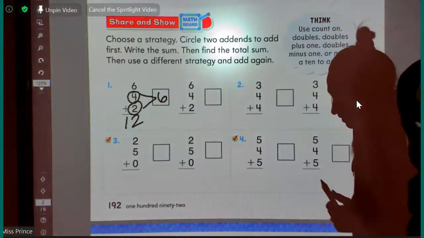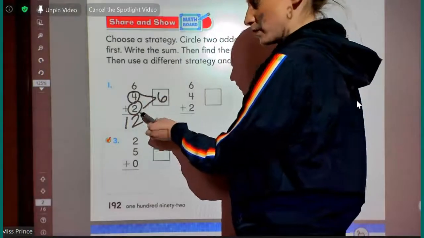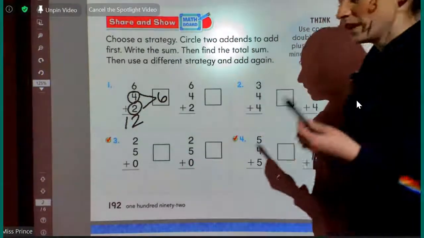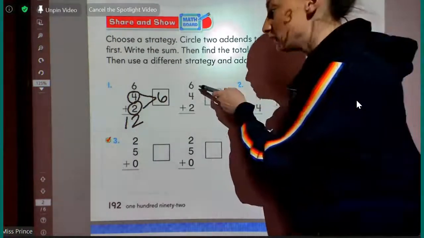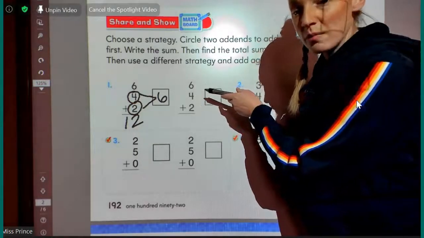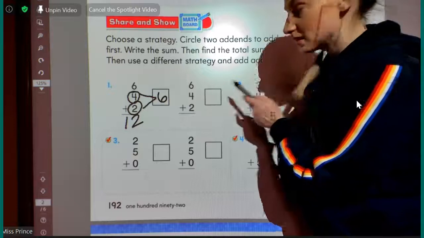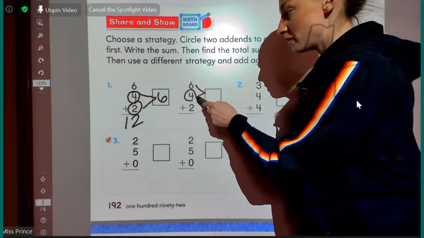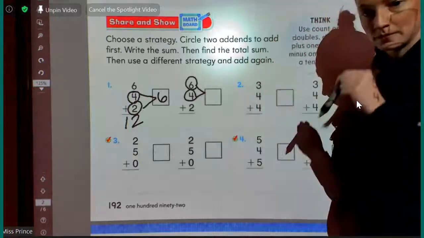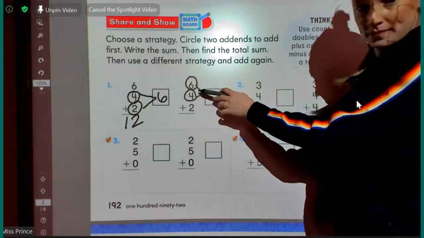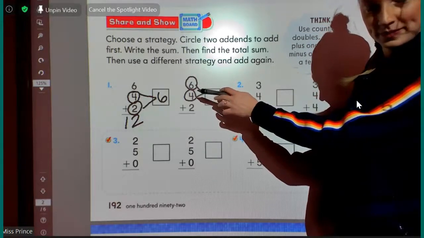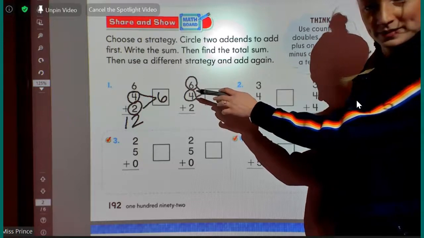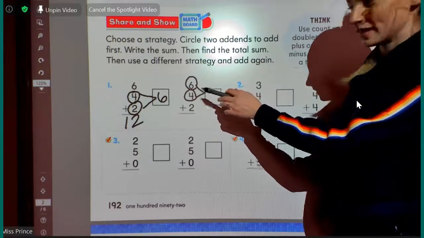All right. So, Kieran, here's one way that we can solve 6 plus 4 plus 2. We get 12. Now we're going to try another way. I noticed something super quick. I noticed that there's a 6 plus 4, and I remember that 6 plus 4 makes... What does it make, Kieran? 10.